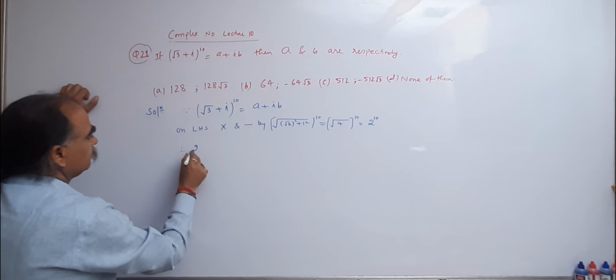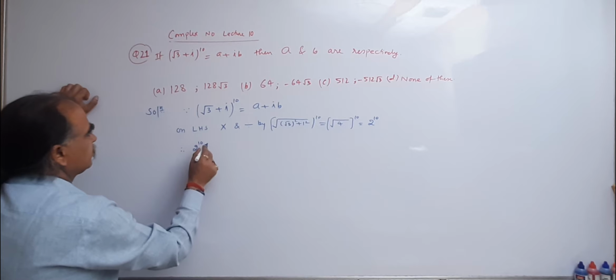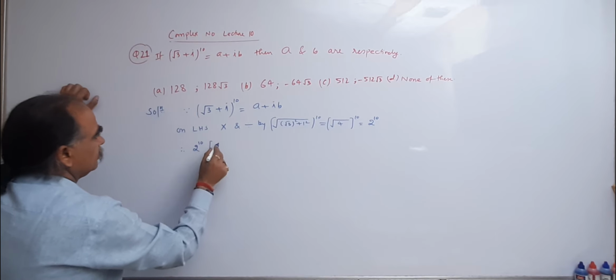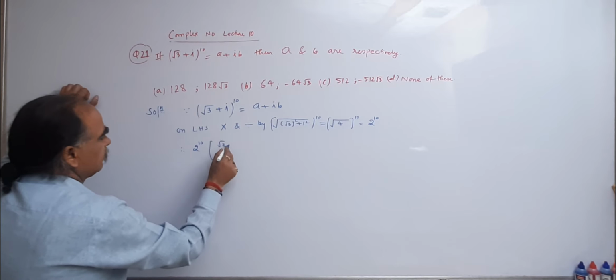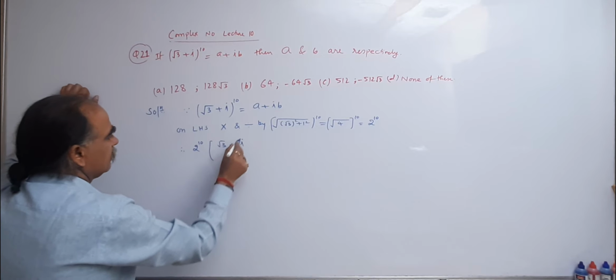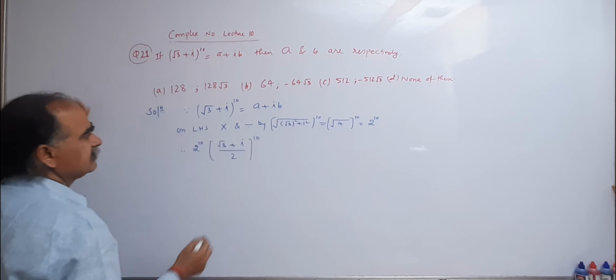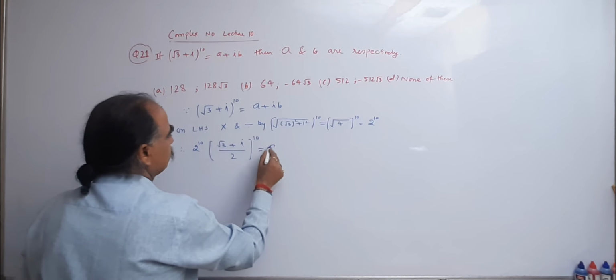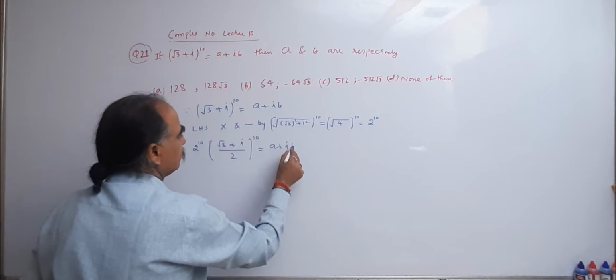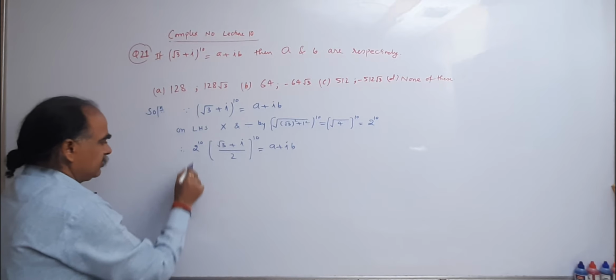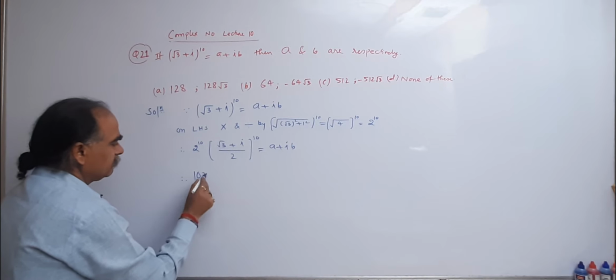Therefore, 2 raised to 10 into ((root 3 plus i) upon 2) whole raised to 10 is equal to a plus ib. 2 raised to 10 is 1024.